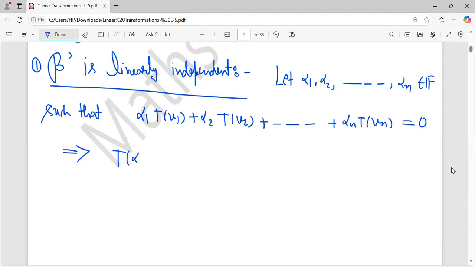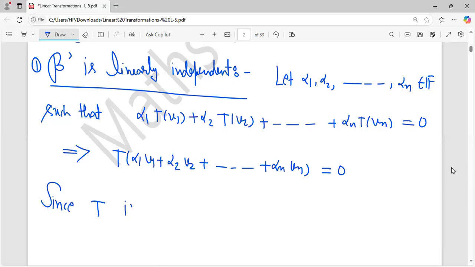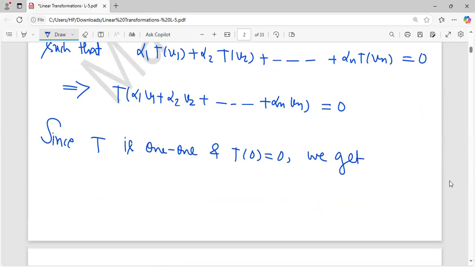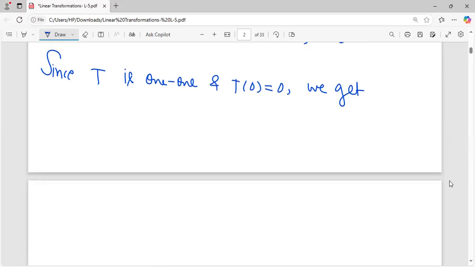This implies T of alpha 1 v1 plus alpha 2 v2 plus up to alpha n vn is 0. Since T is one-one and T0 is always 0, we get alpha 1 v1 plus alpha 2 v2 plus alpha n vn has to be 0.